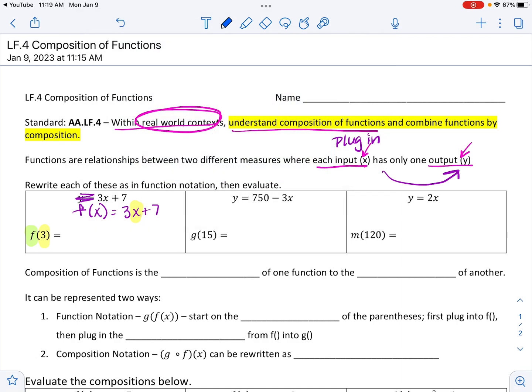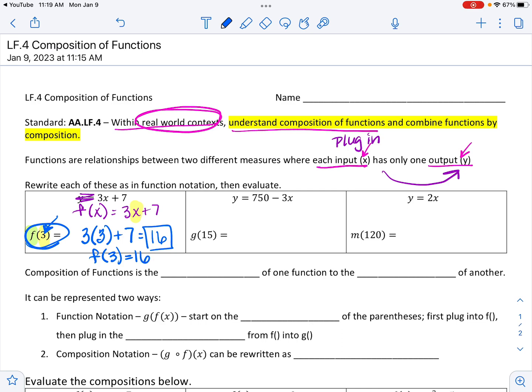So I have 3 times parentheses, and the number inside my parentheses is also a 3. And then I have plus 7. Now, you can use Desmos, or you can do it in your head using the order of operations: 3 times 3 is 9, 9 plus 7 is 16. So the value of the function f when you plug in 3 is 16. So again, f of 3 is 16.